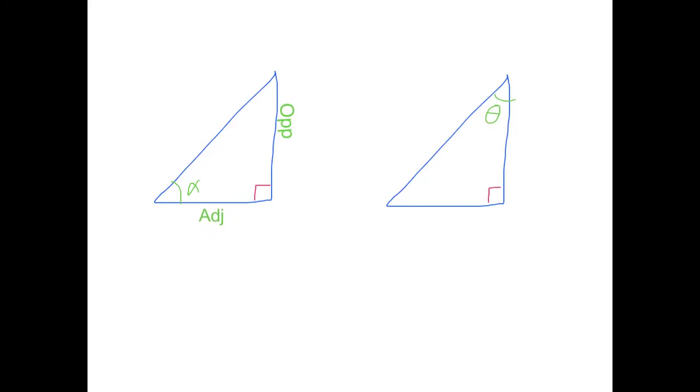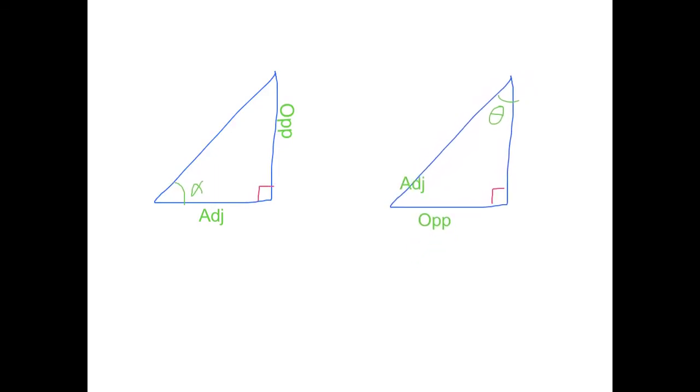Now, if we look at this triangle right here, this is all going to change, because now that we're looking at this angle, the opposite and the adjacent are actually going to flip around. So the opposite is going to be down here now. You see, this is the opposite. And this right here is the adjacent.